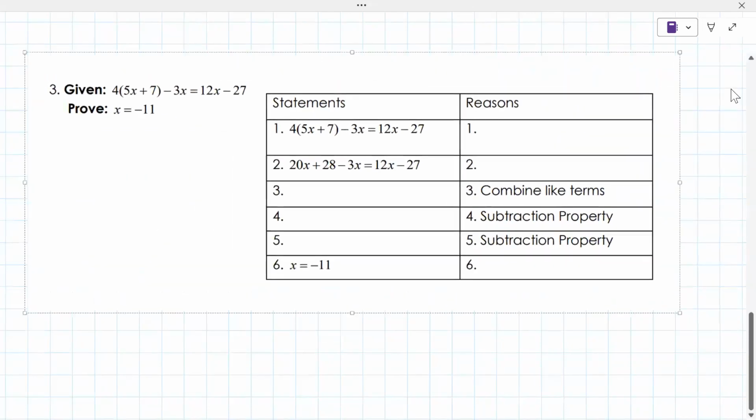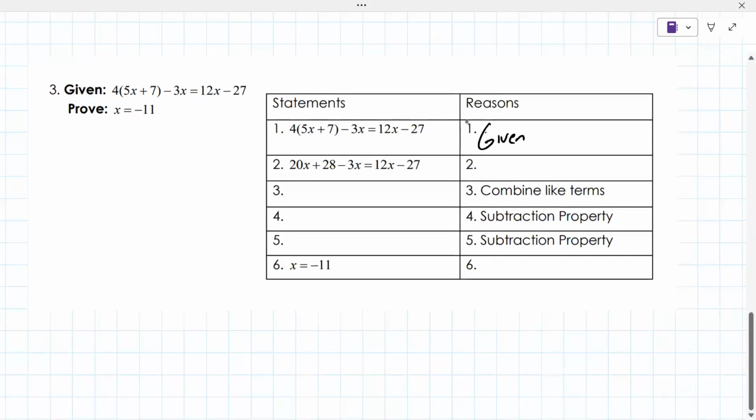The first statement and the reason is always given. I want you to look and tell me what's happening to go from step one to step two. They solve the parentheses. Okay, so do you remember? Distribute. There you go. That's the right word. They're very particular about the word distributive property.